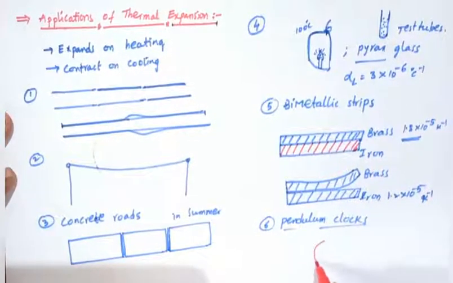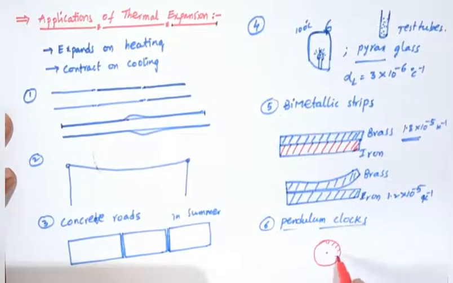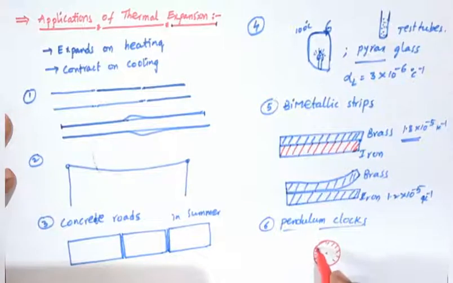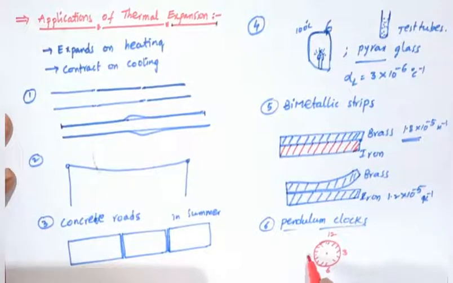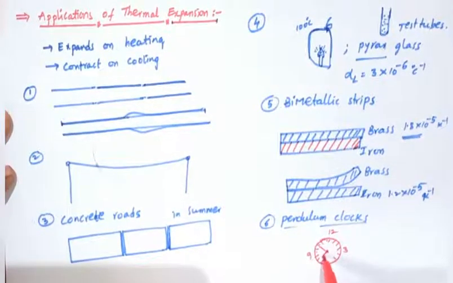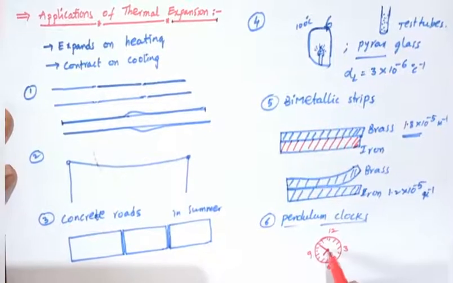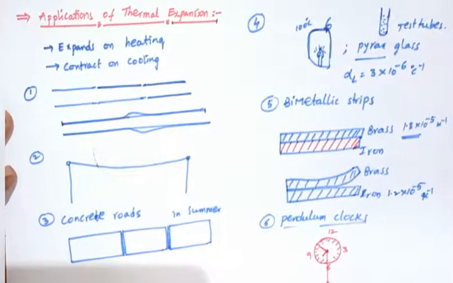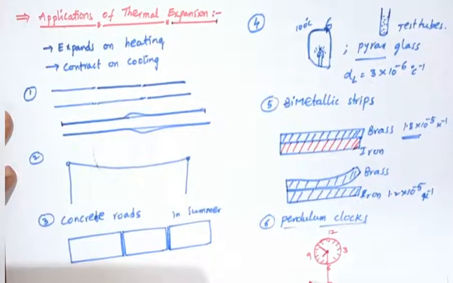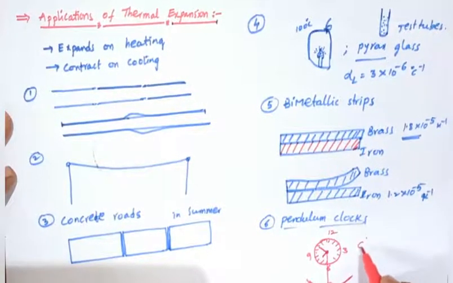This is the clock with 12, 3, 6, 9, with the hour and minute needles. It has a pendulum which oscillates continuously, so it is called a pendulum clock.